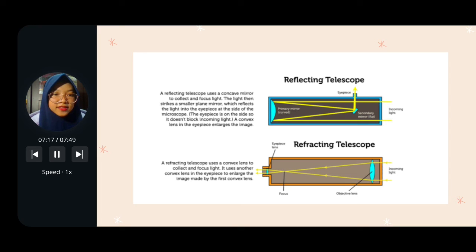A convex lens in the eyepiece enlarges the image. So a refracting telescope uses a convex lens to collect and focus light. They use another convex lens in the eyepiece to enlarge the image made by the first convex lens.